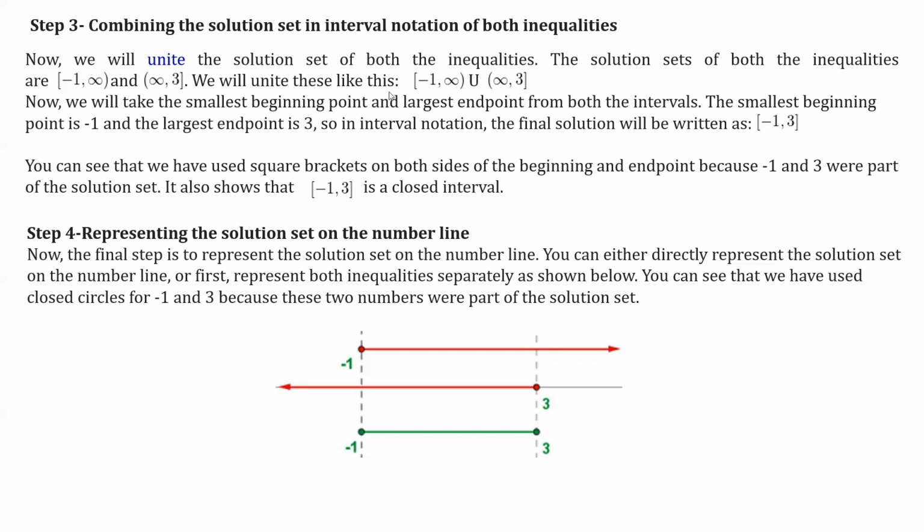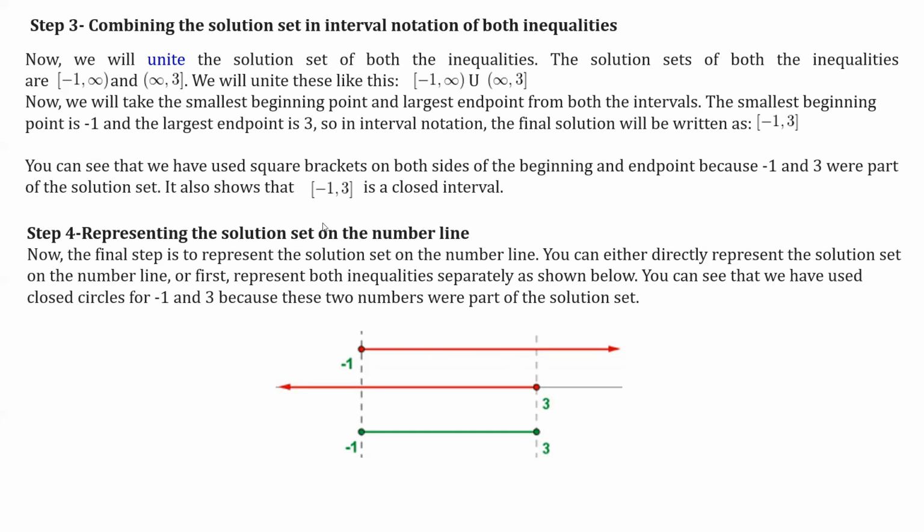We will unite these intervals like this. Now we will take the smallest beginning point and largest end point from both the intervals. The smallest beginning point is -1 and the largest end point is 3. So the interval notation of the final solution will be written in this form.